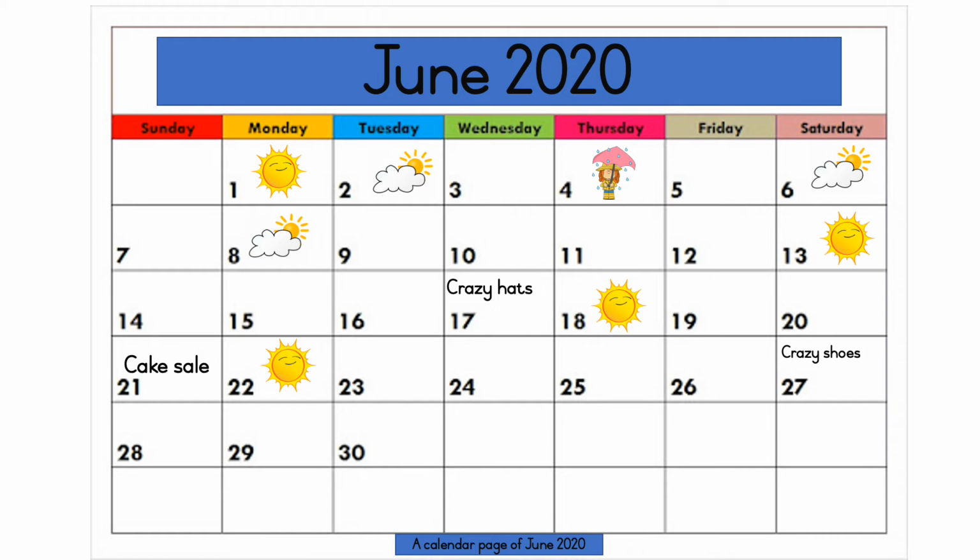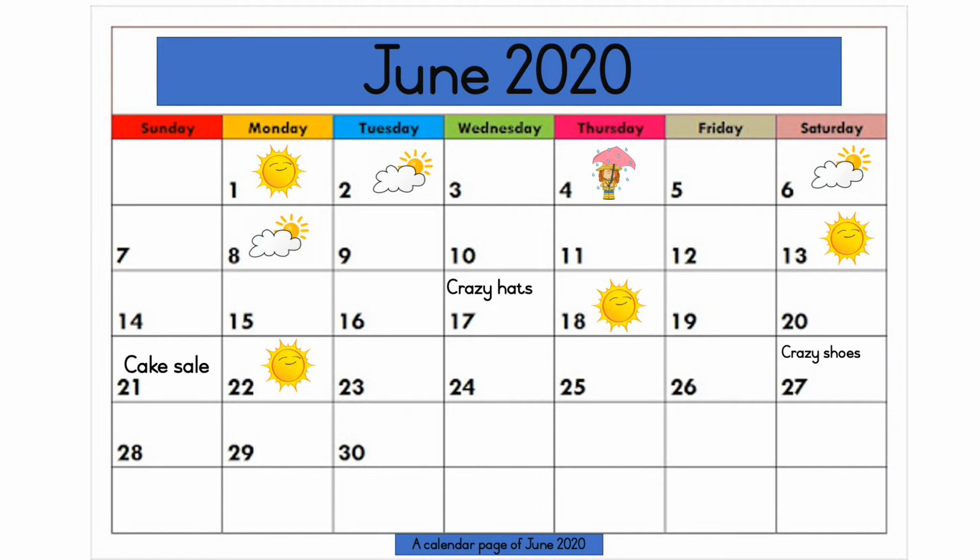Where is that on the calendar? Let's see quickly where we will find that on the calendar. And they will go and put their finger on the rainy picture, and I shall tell them, right, let's see what number is next to our picture. Oh, it's a 4. So it's going to be the 4th of June, because we're in the month of June.